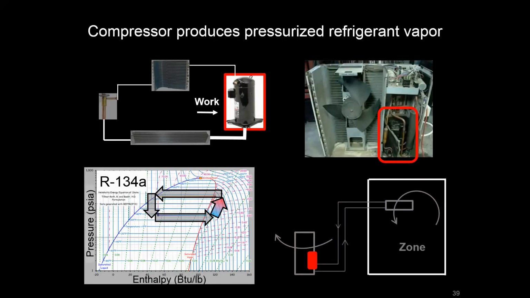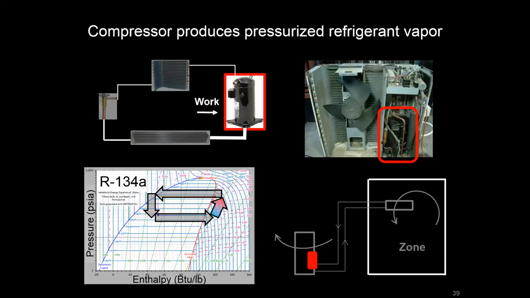So we're going to start with the compressor. In a simple DX type split system, it's going to sit in the condenser, and it's typically going to be a scroll type compressor. And we'll get into the different compressor types and what they look like, the guts of them, in the next couple sections. But for right now, we just acknowledge that it sits in the condensing unit, separate from the condenser coil, and it's responsible for taking in work into the system to pressurize the refrigerant vapor and send it on its way throughout the rest of this loop.